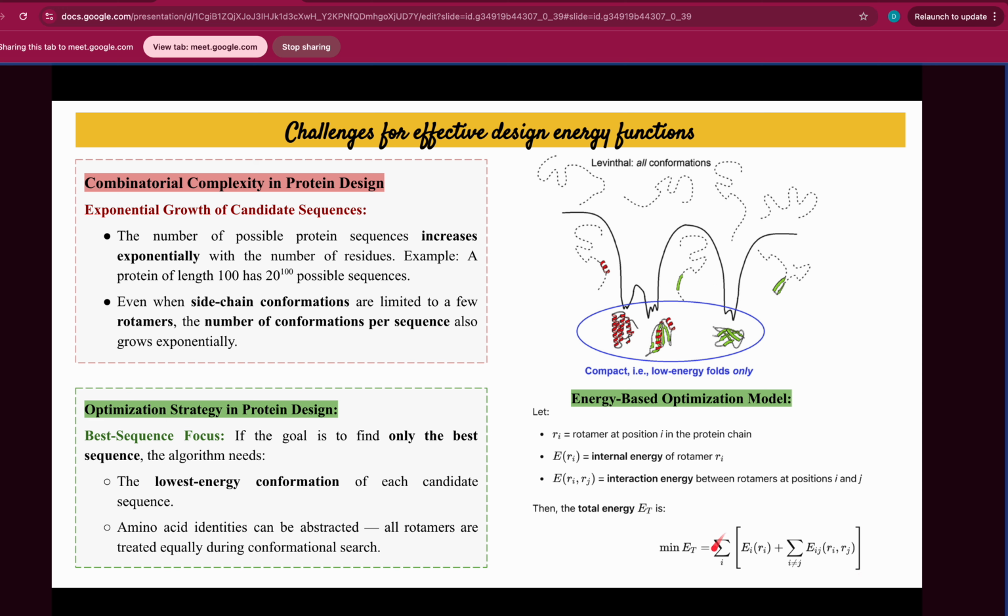It should be minimum. That tells us the total energy, and this is repeated for each residue. After summing all these energy functions, the one which gives the minimum energy will be selected. This is how energy based optimization is done.